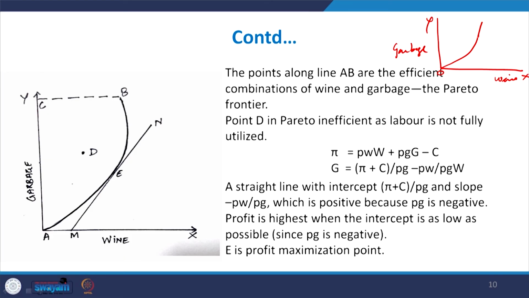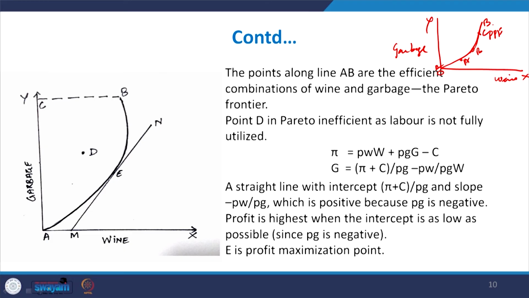So, the production possibility curve shows that if you want to allocate some resources to the production of wine, and are not allocating resources to waste disposal, then more garbage will be generated. Say AB is the production possibility frontier, and any point on this frontier, like point A, B, C, is Pareto optimal, but all points cannot be called allocatively efficient.